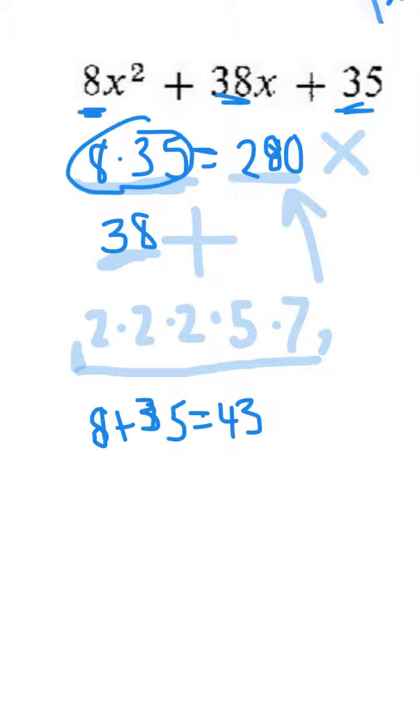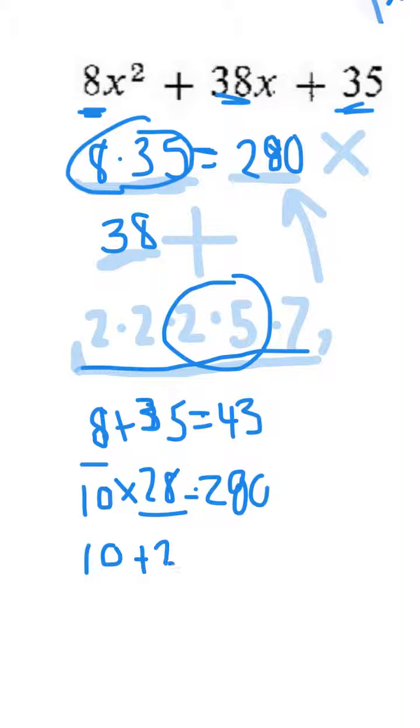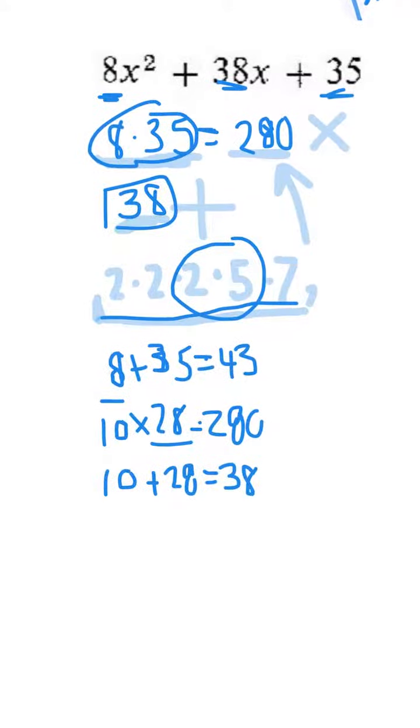So what number is close to 8 that can be built from these prime factors? 10. All right, so 10 times what is 280? 28. Now let's check to see if that adds up. 10 plus 28 is equal to 38. And, oh, first try I already got it. Our two numbers, therefore, are 10 and 28.